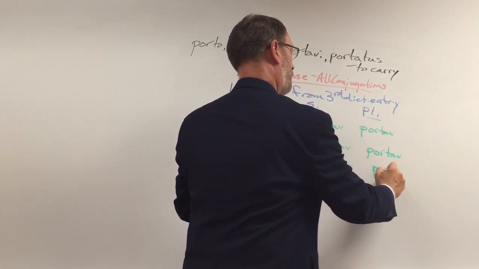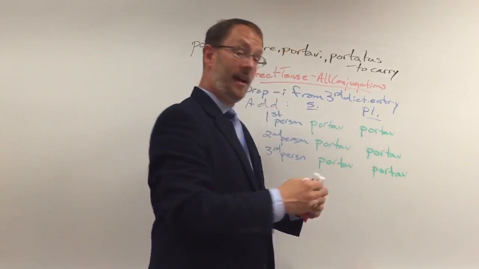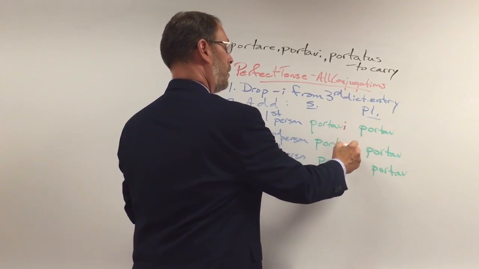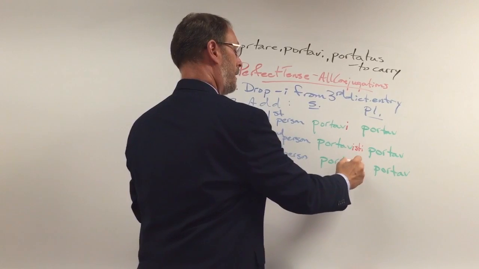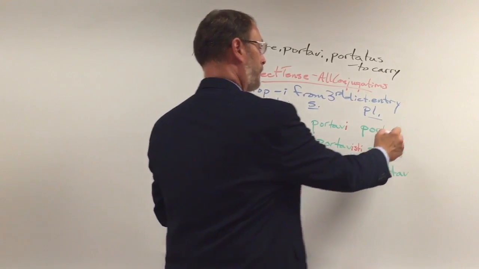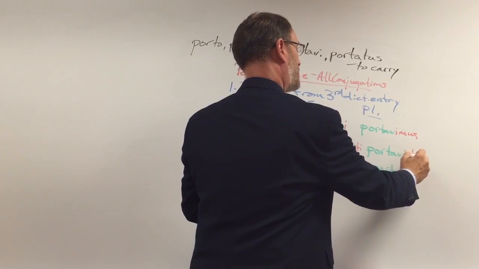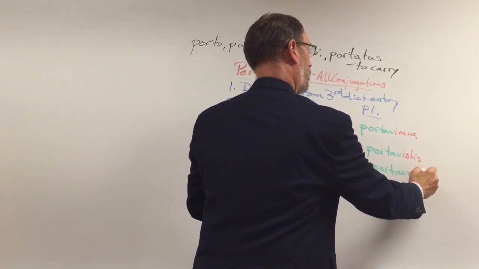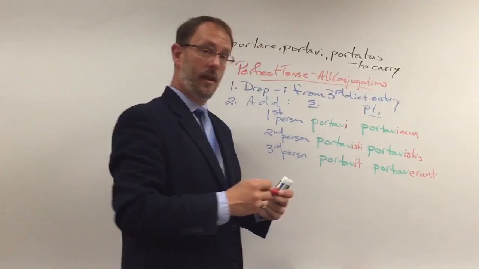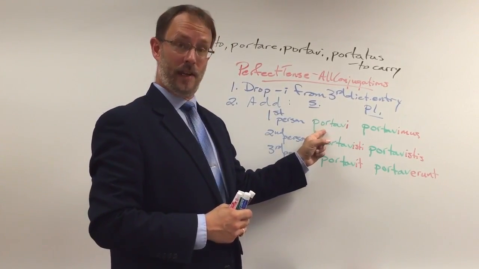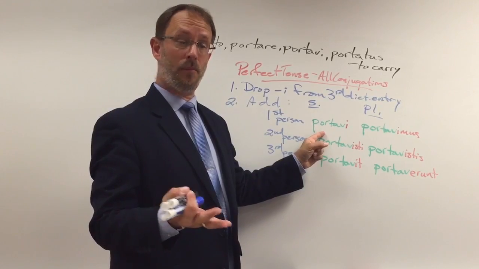So now we got our stem, P-O-R-T-A-V, and now we simply add on our endings. Portavi, portavisti, portavit, portavimus, portavistis, portaverunt. And if you got the English, you should have had something like I have carried, or simply I carried.